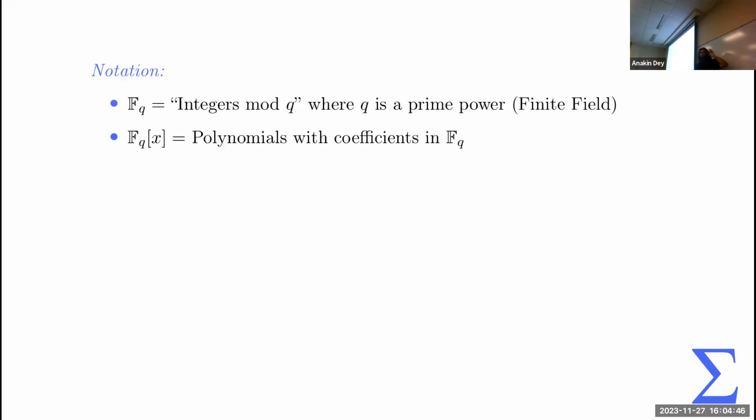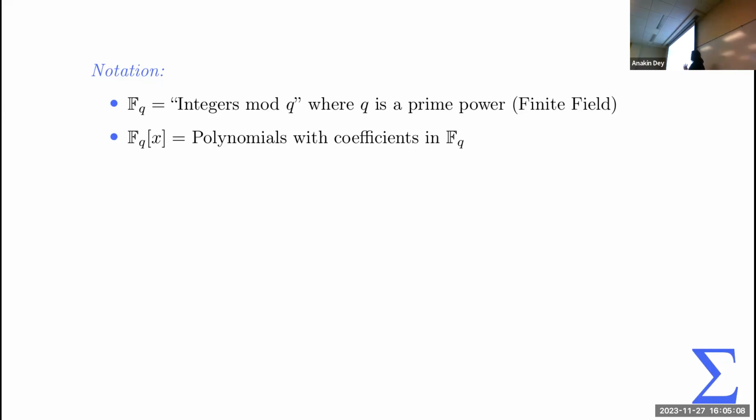Quick notation: you've probably seen F_q, or F_p, or the integers mod q, where q is a prime power. If q is just a normal prime number, then this is what you're used to, just modular arithmetic.